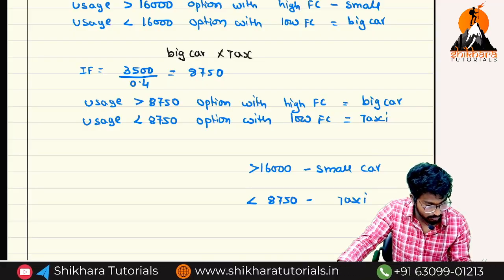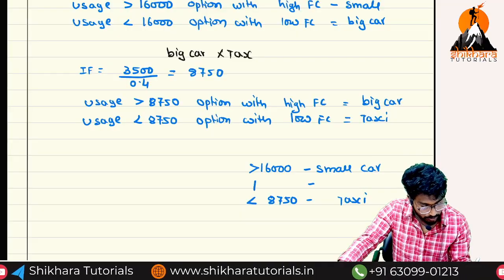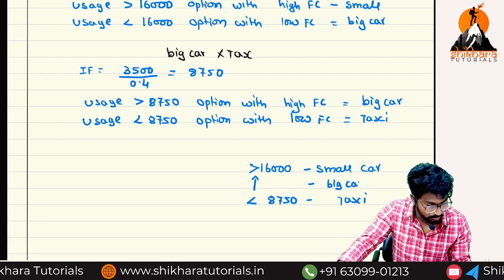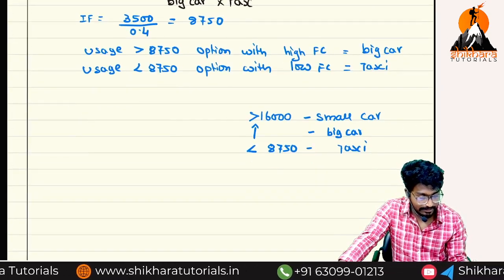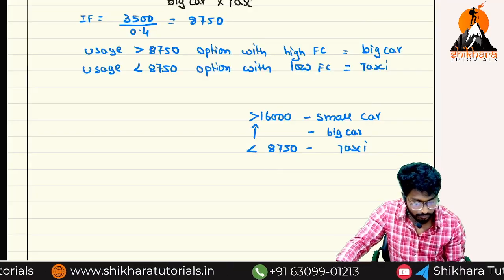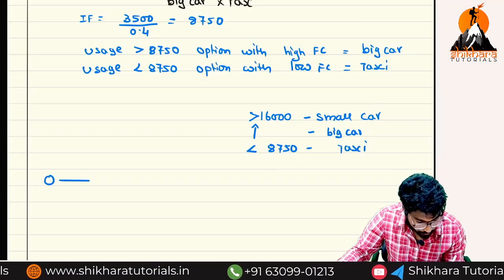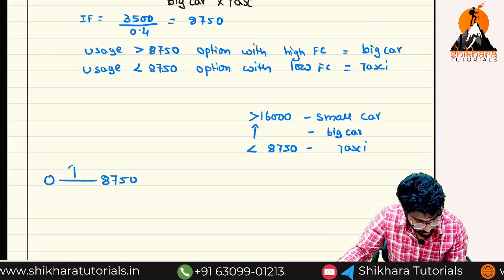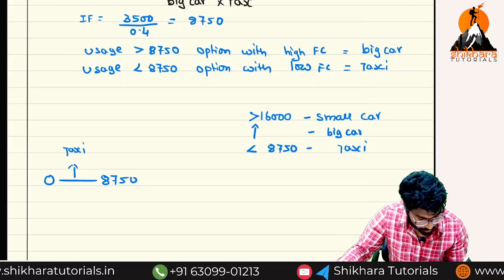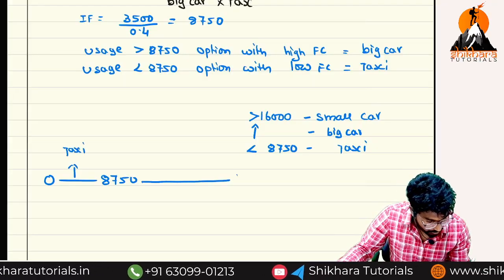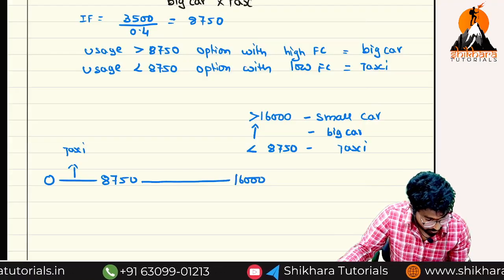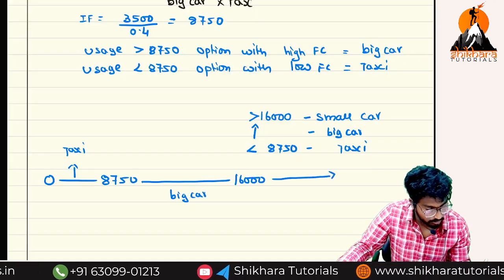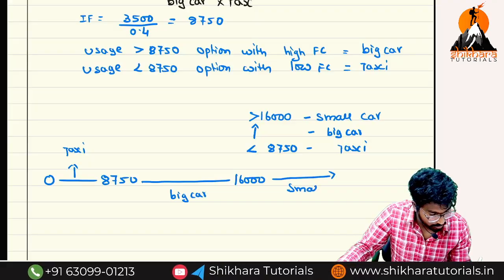Between these two, which one? Big car. That means from 0 to 8,750, taxi. Now 8,750 to 16,000, big car. Above 16,000, small car.